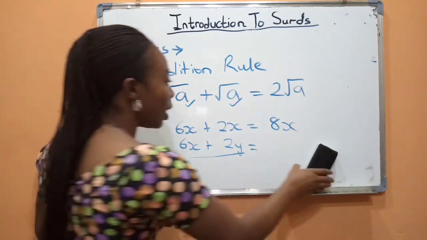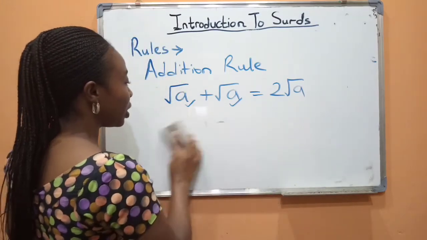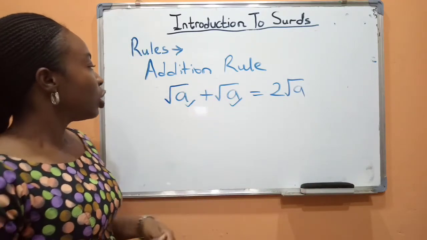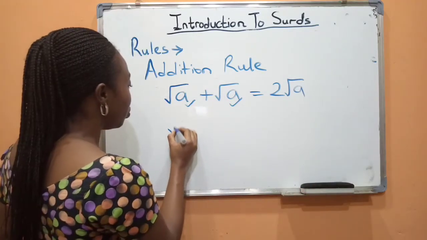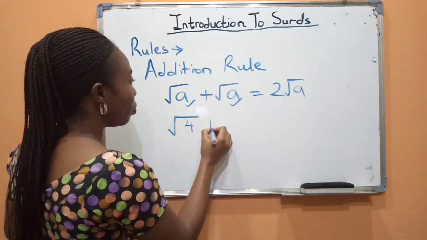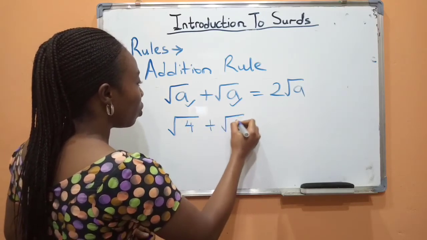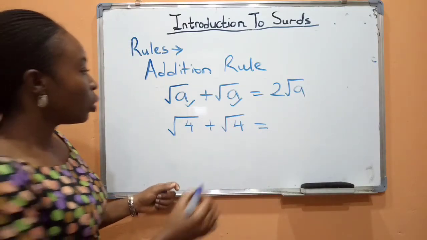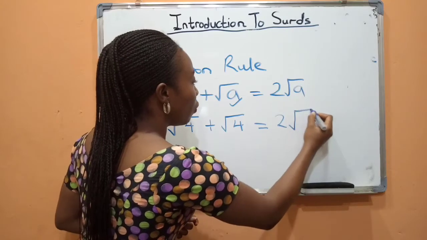You can only add roots that are like terms. Okay, in this case we have A plus A. So if we have something like, let's impute a number, if we have square root of 4 plus square root of 4, now we are going to have 2 square root of 4.